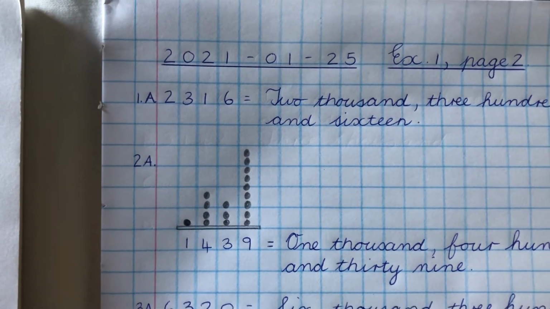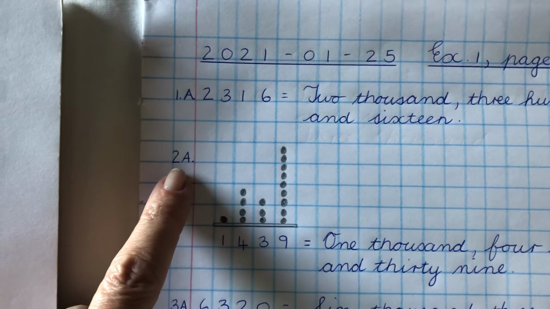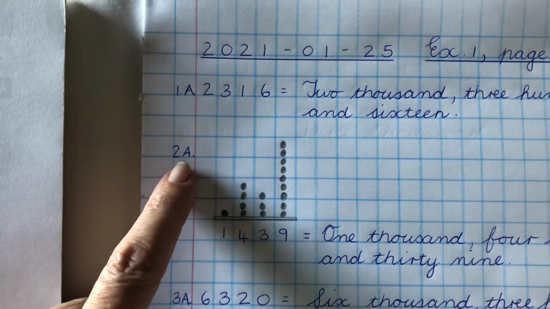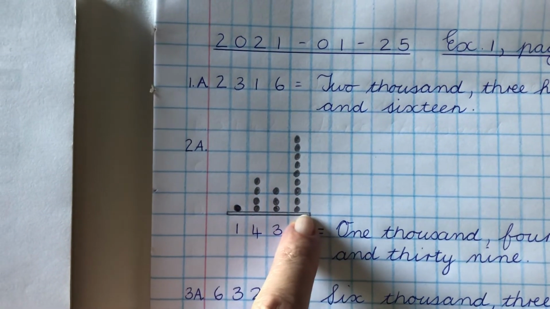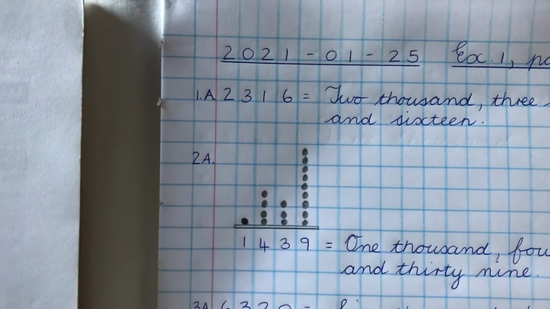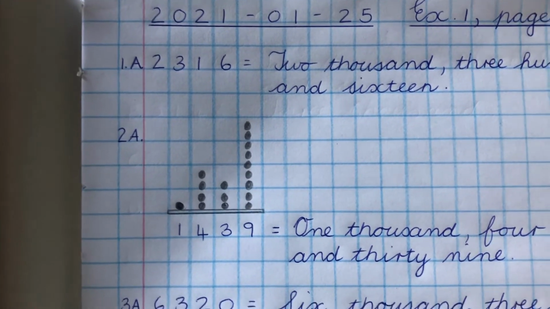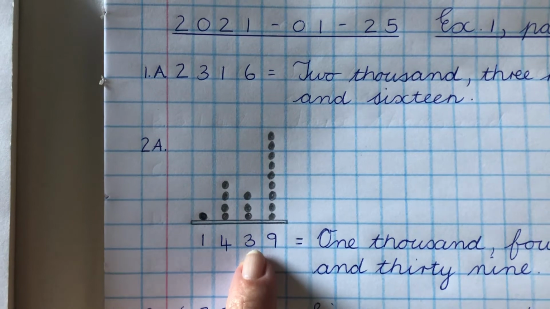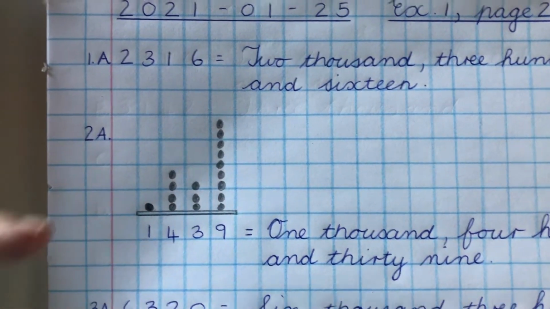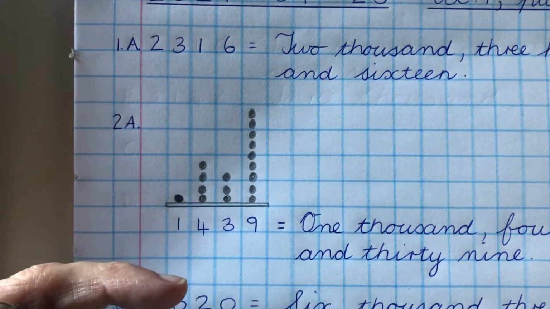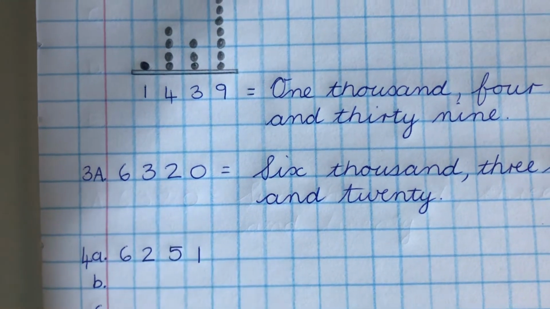When you finish question 1, you will write question 2 in the margin, and question 2A asks you to draw an abacus. You'll see that I've just drawn a pencil line and then I've put little dots above the line according to the numbers that they give you. Once I've drawn the abacus and written the number, I will write it out in words. You will complete question 2 and then you will do question 3.